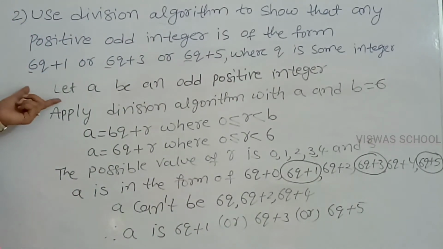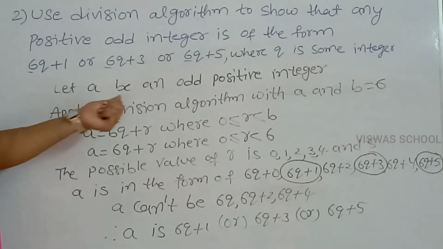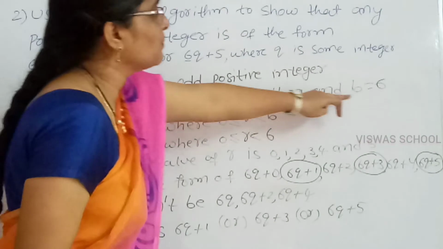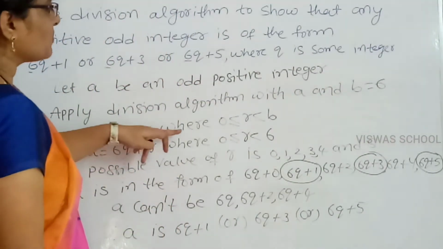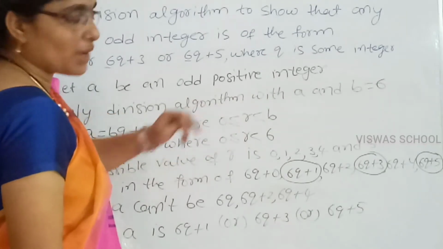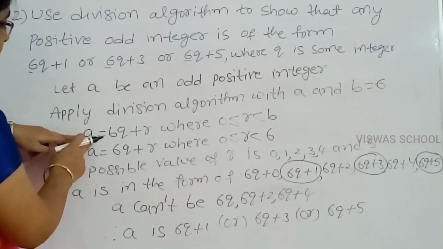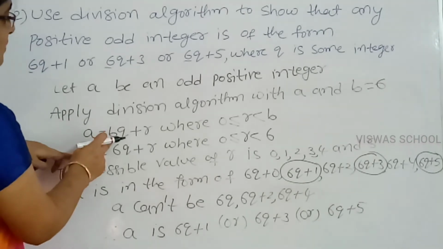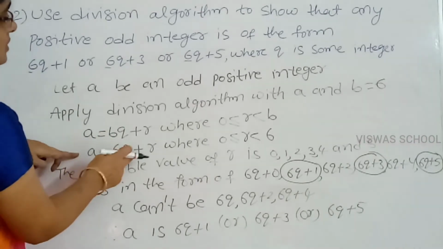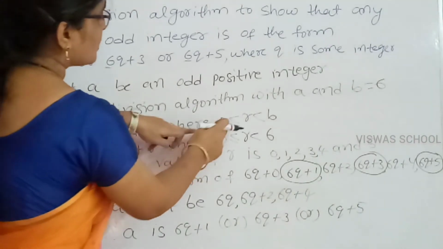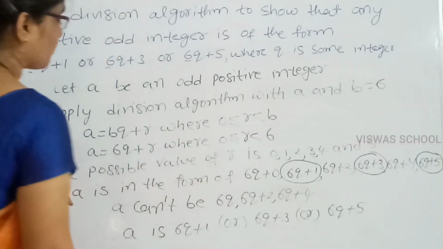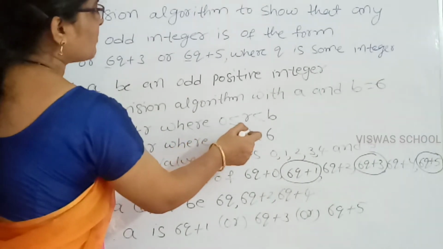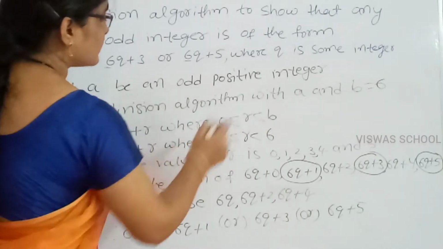Once again listen. Let a be an odd positive integer. We are applying the division algorithm with a and b equals 6. That is a equals bq plus r, where 0 is less than or equal to r is less than b. Here b value is 6, so r is in between, including 0 and less than 6.